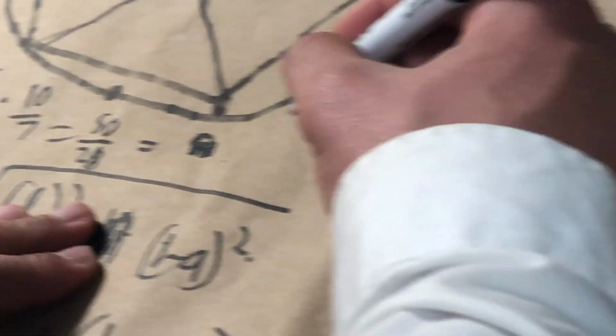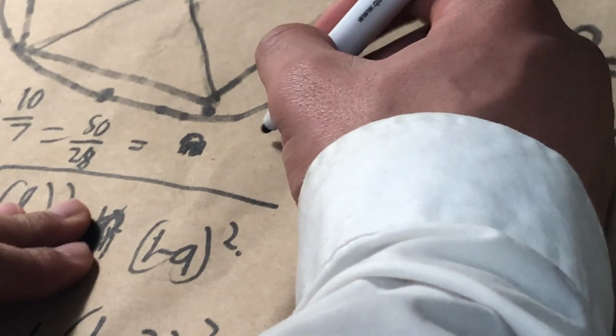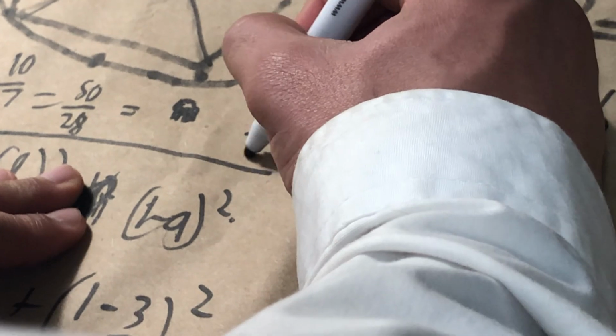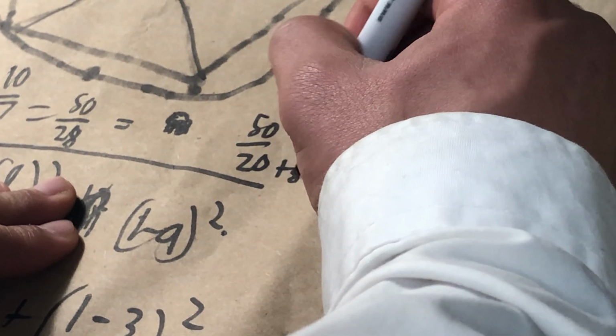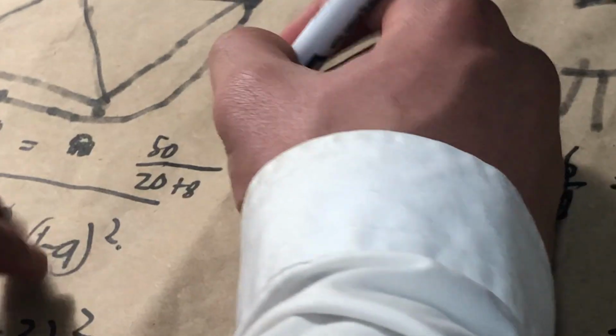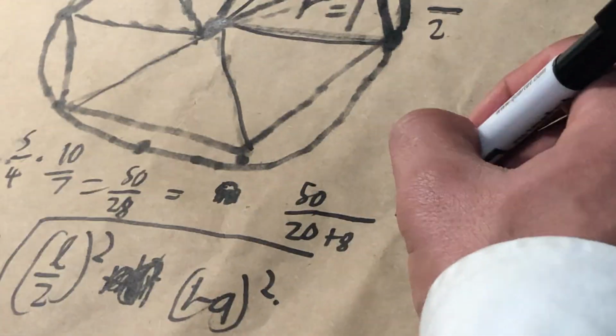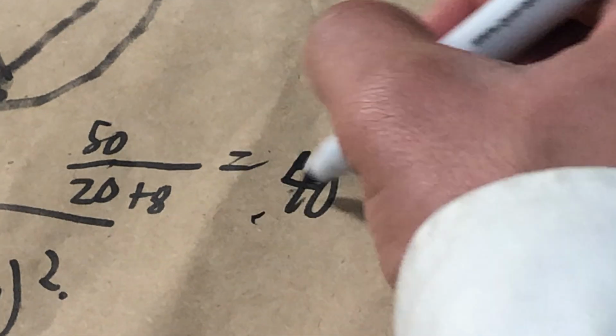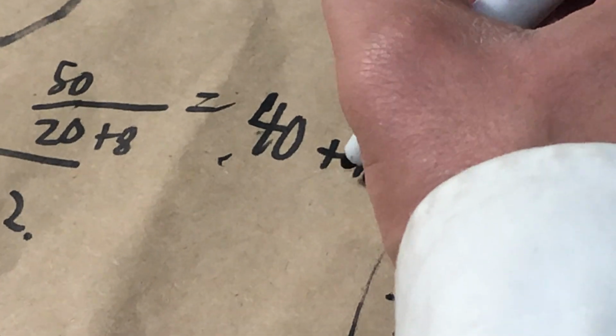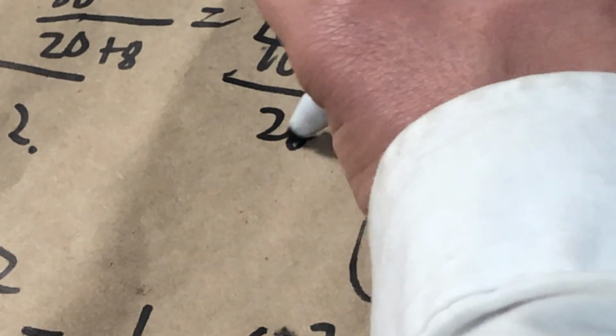Which should be equal to, if we were to perhaps, well, let's say, take out 20 plus 8. And also, sorry, I'll just make this fast. 40 plus 10 over 28.